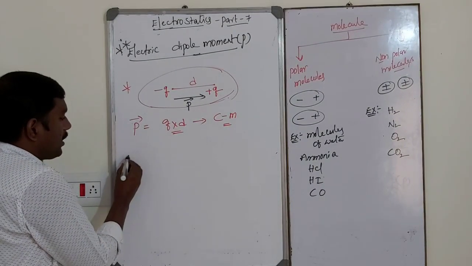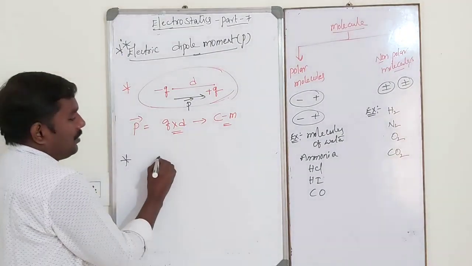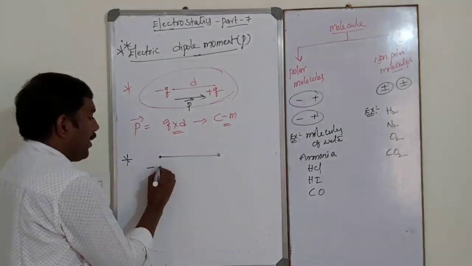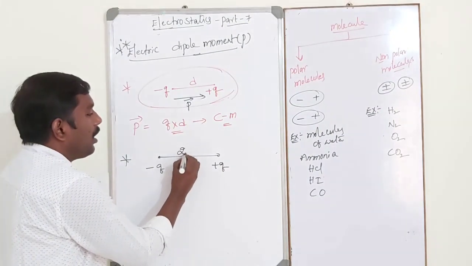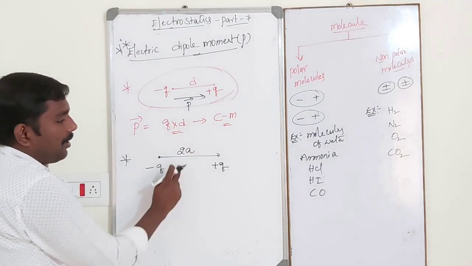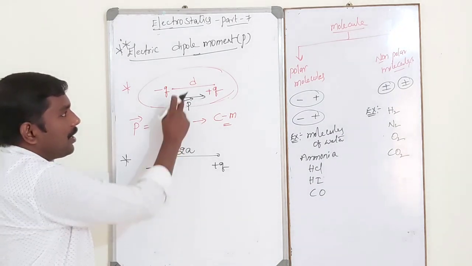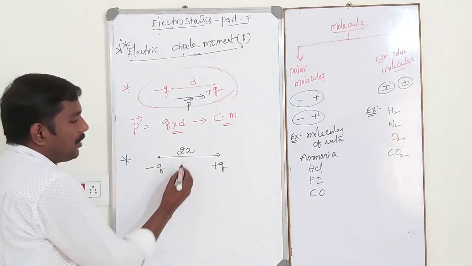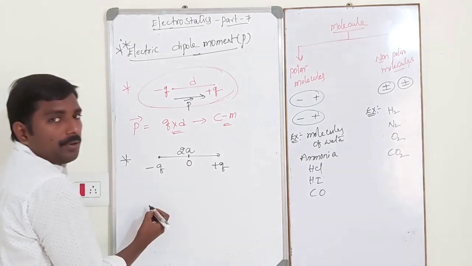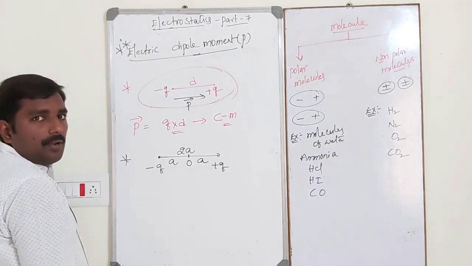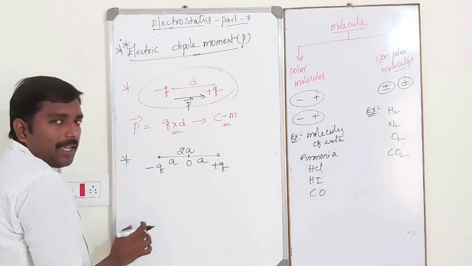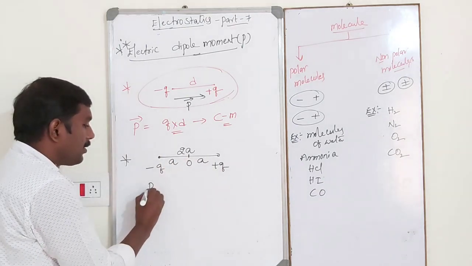Okay. So in another way, suppose this is the dipole, minus q and plus q, separated by distance 2a. Instead of d, I will take 2a. Of course, this is the center point of the dipole. This is a, this is also a. In this case, what is the dipole moment?